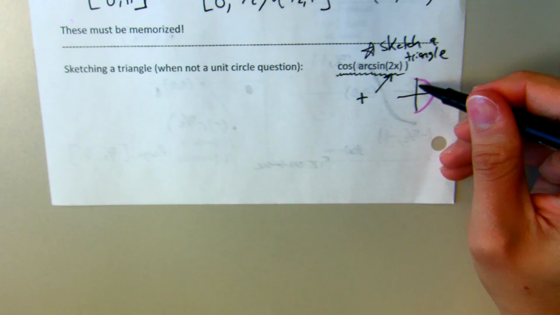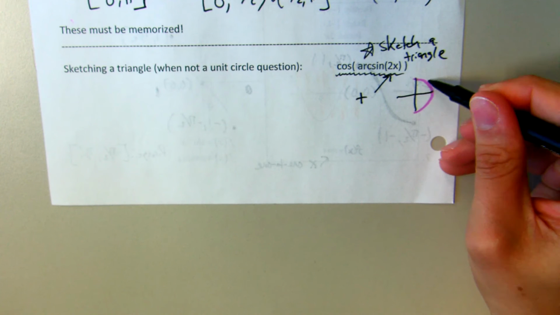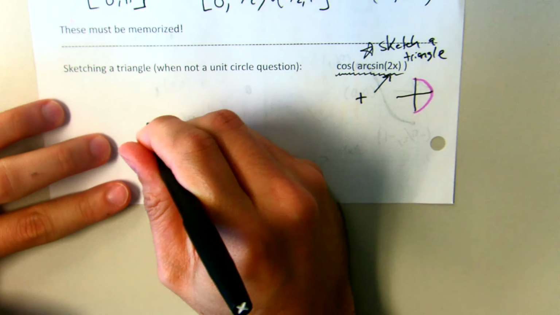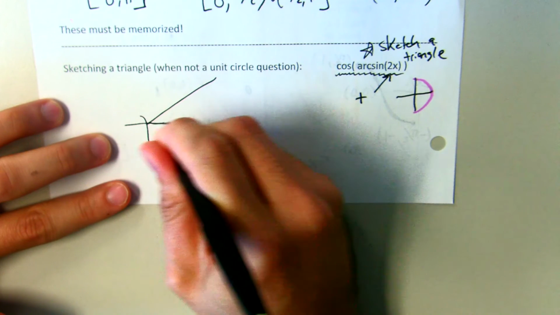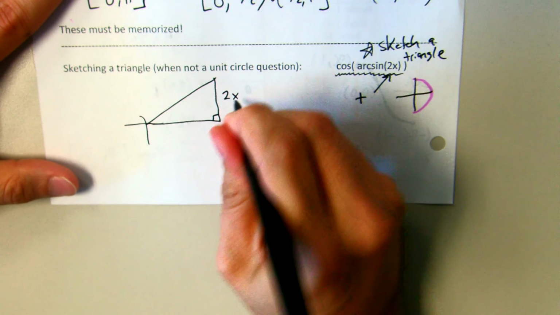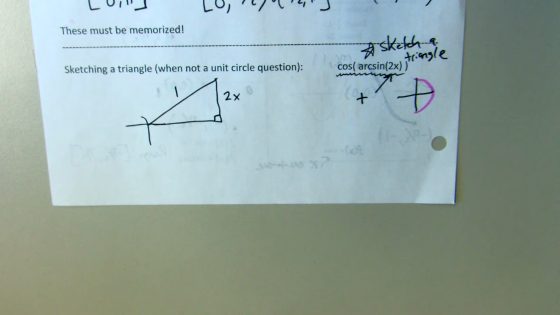So between 1 and 4, which one of those quadrants would have a positive sine? So between those two things, I know that I can sketch a triangle in quadrant 1. Its sine is 2x, so it's opposite to its hypotenuse. It'd be 2x to 1.